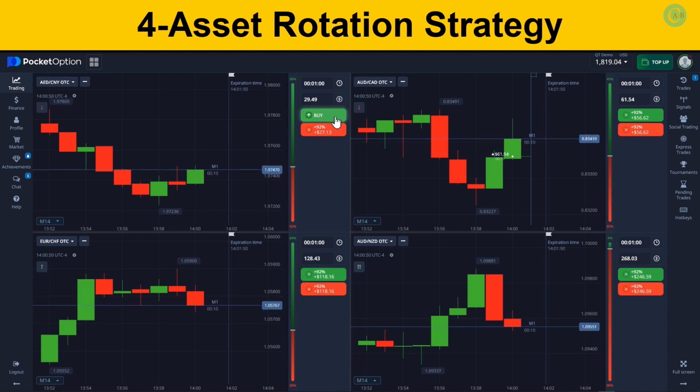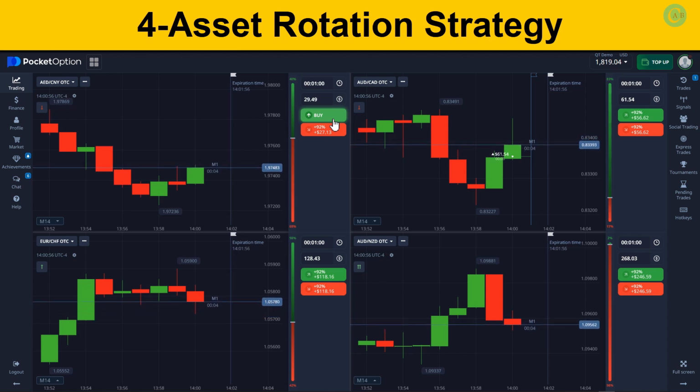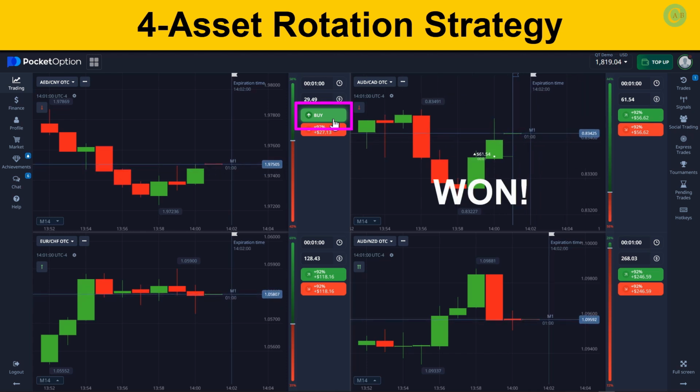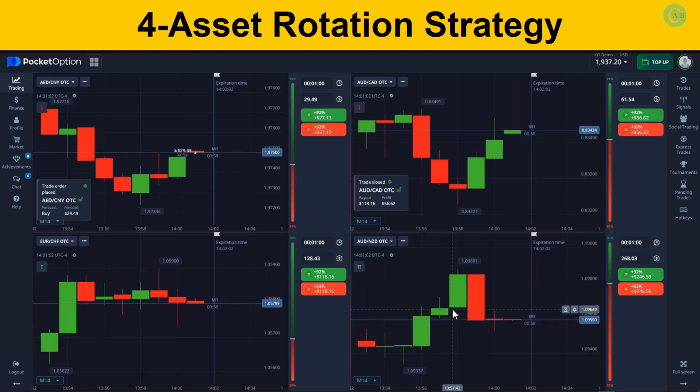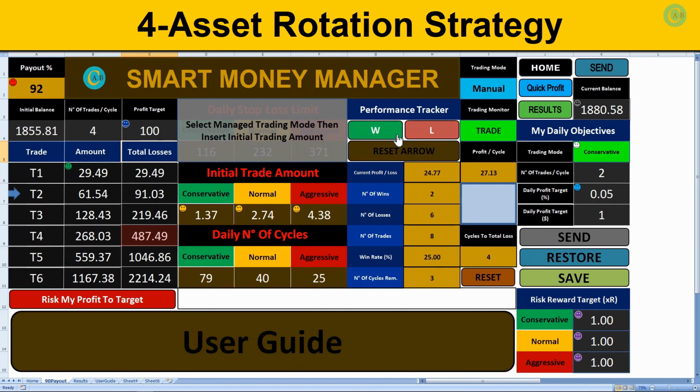Now if the current candle closes with green color, it's gonna be winning trade, so I have to follow up with another trade in the first chart with buy option. Let's go. And I'm gonna go back to my Smart Money Manager and update my results with the green W button to tell it that I've won the second trade.